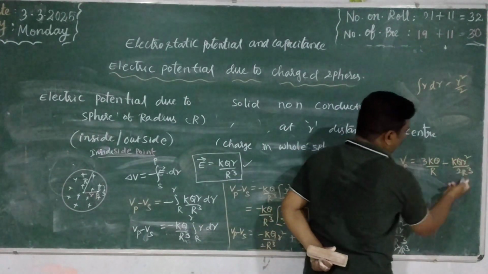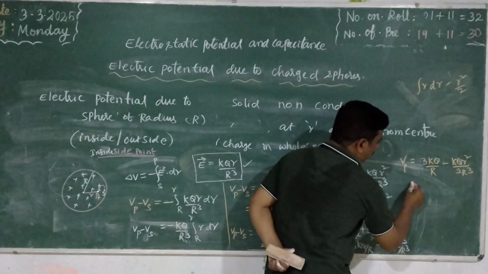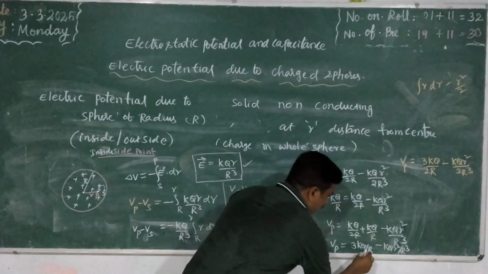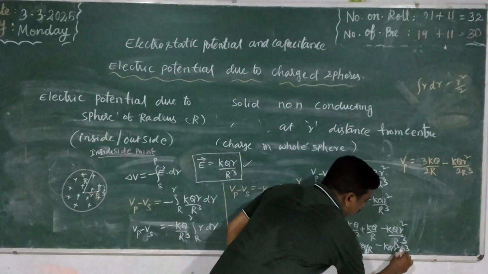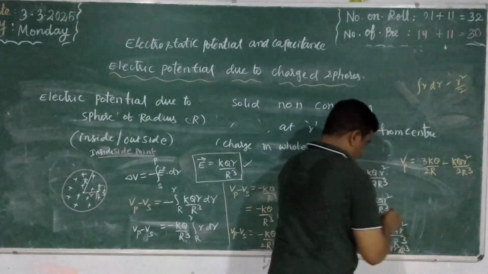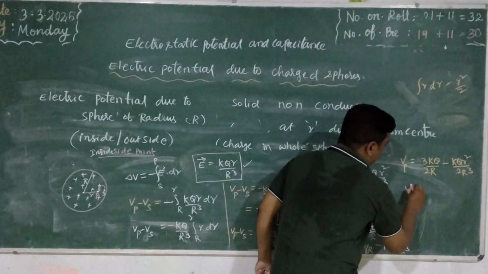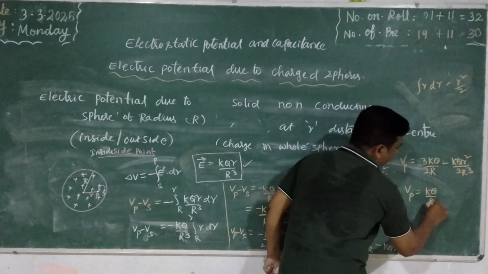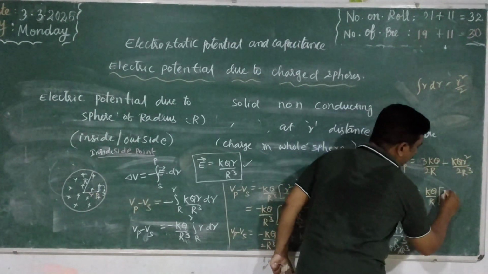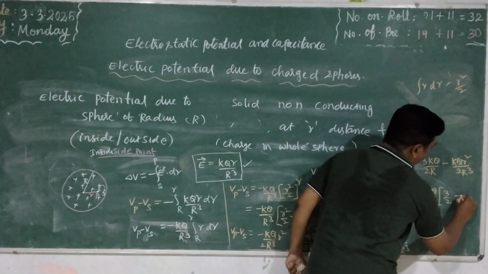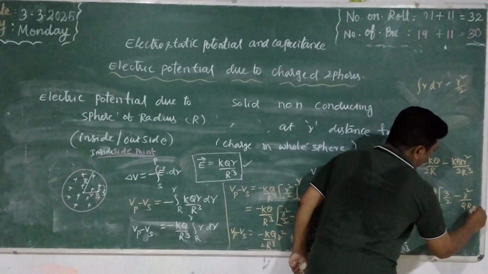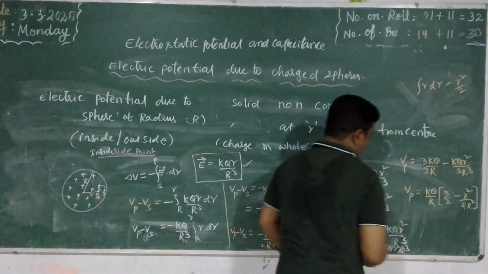This we get KQ by R common, here 2R, here 2R cube. So finally, potential at P equals KQ by R common, here we get 3 by 2 minus small r square by 2 R square. It is the value we get.